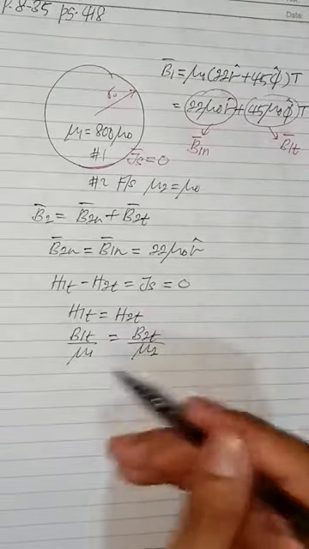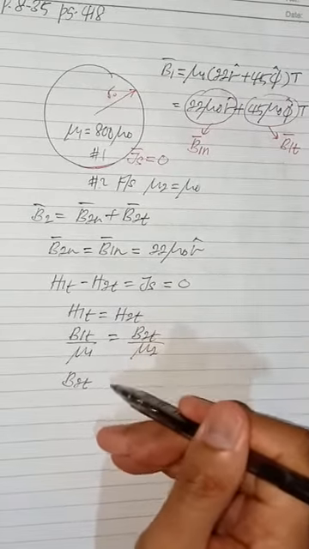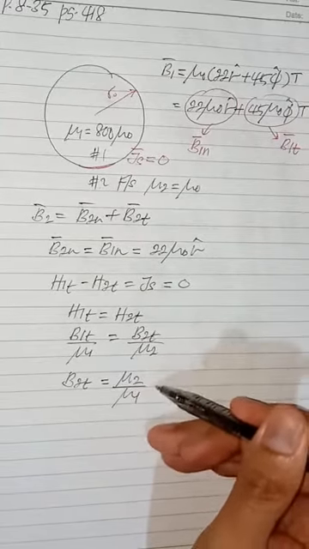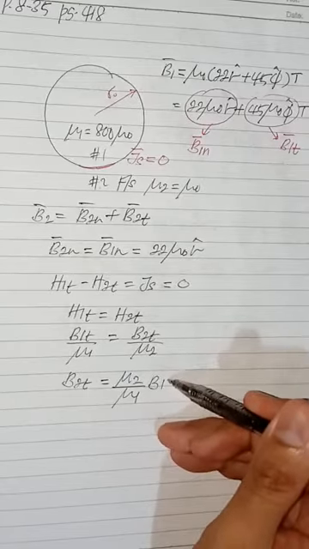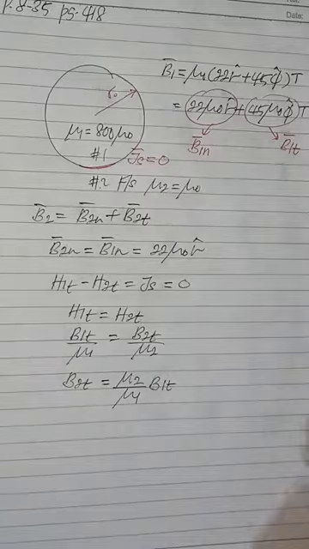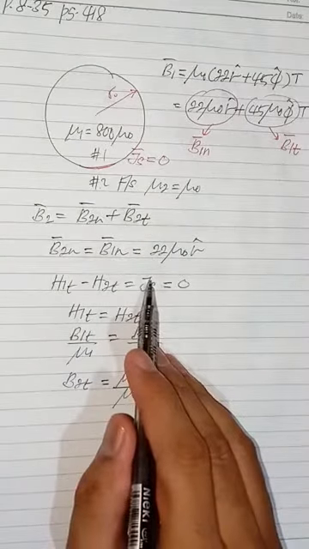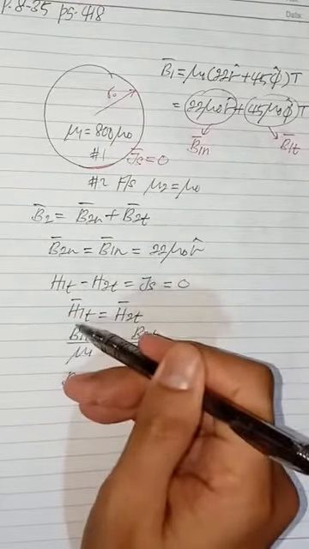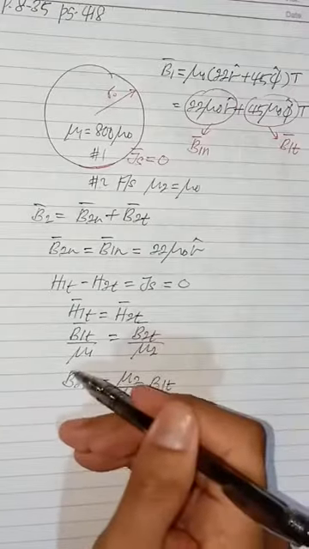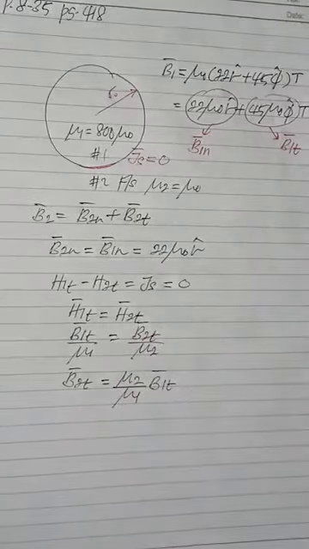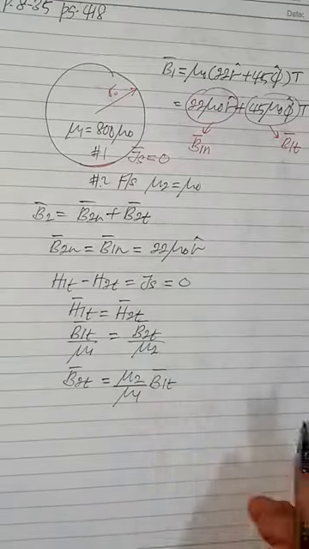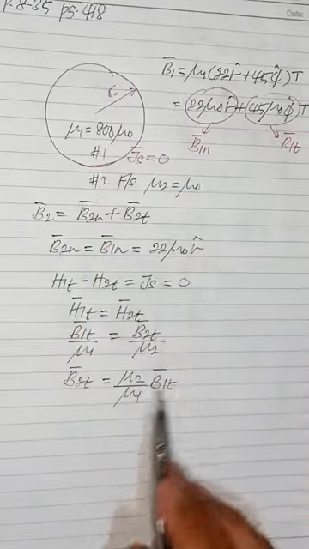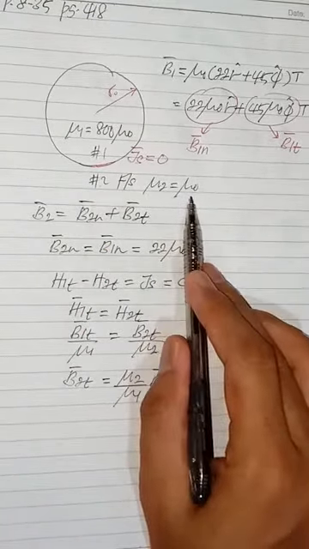B2t is our target now, so let's take it out. B2t is equal to mu2 over mu1 times B1t. Since there is no Js, we can simply put the vector as shown here. Let's substitute mu1 and mu2. mu1 is equal to 800 mu naught, and mu2 is equal to mu naught because of free space.